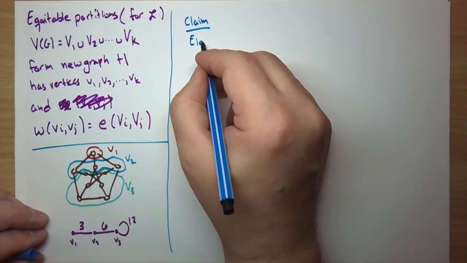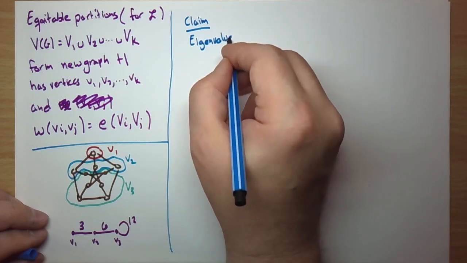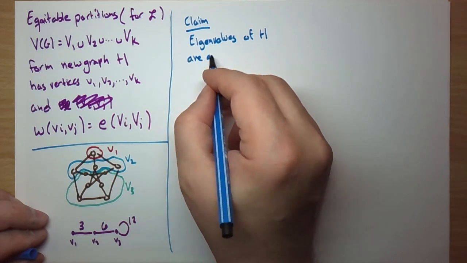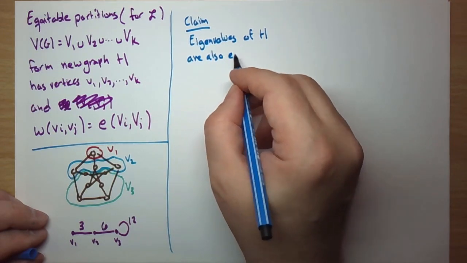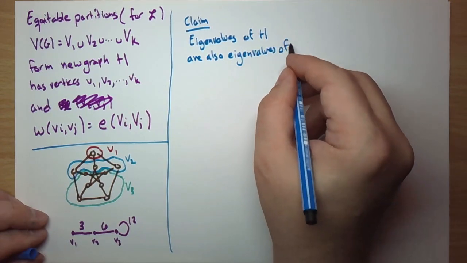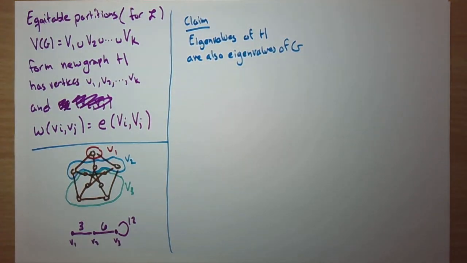The eigenvalues of this graph H are also eigenvalues of G. So the eigenvalues of our smaller graph are eigenvalues of the big graph, a lot like it was in the case when we were dealing with the adjacency matrix, but now it's a little bit cleaner. Well, let's see. Are we bold enough to check if this is true?